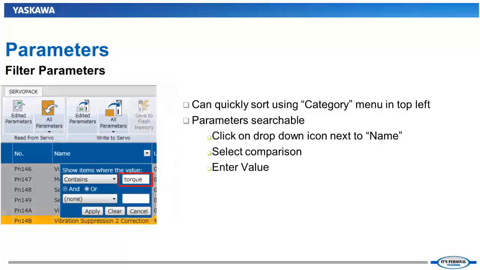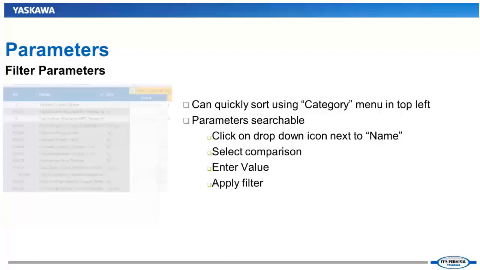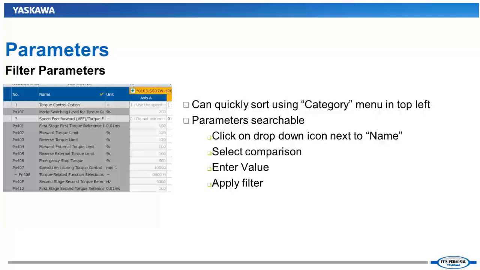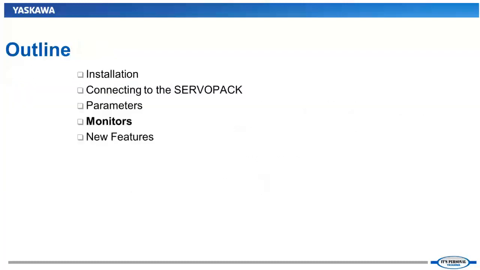So in this one, I'm looking for any parameter that relates to torque. So the parameter would contain torque. I hit apply, and then, as you can see, my parameter list was filtered to only show those parameters that contain torque in the name. And that's a pretty handy feature if you're looking for a specific parameter and don't remember the number.